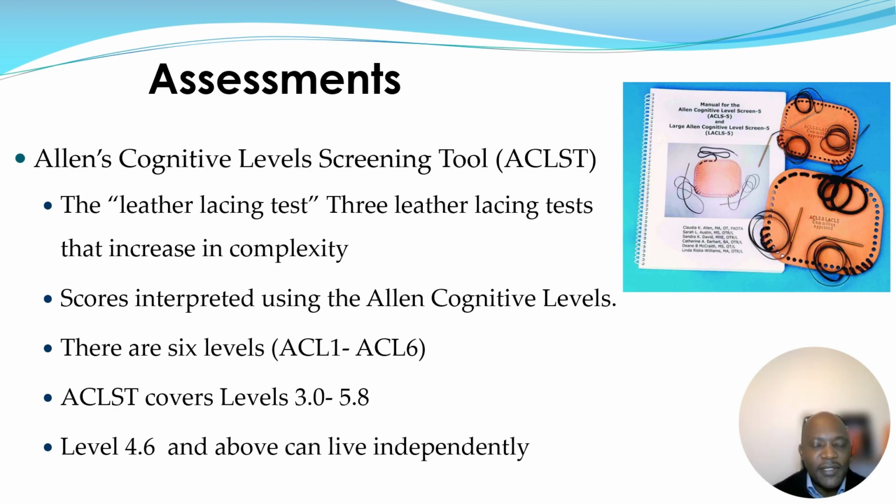There are 6 levels, Allen cognitive level 1 up to Allen cognitive level 6. But the screening tool covers from level 3 to level 5.8. And if a service user scores at level 4.6 and above, then they should be able to live independently.